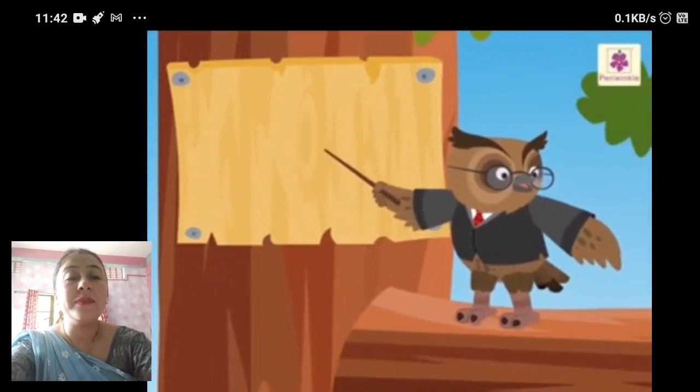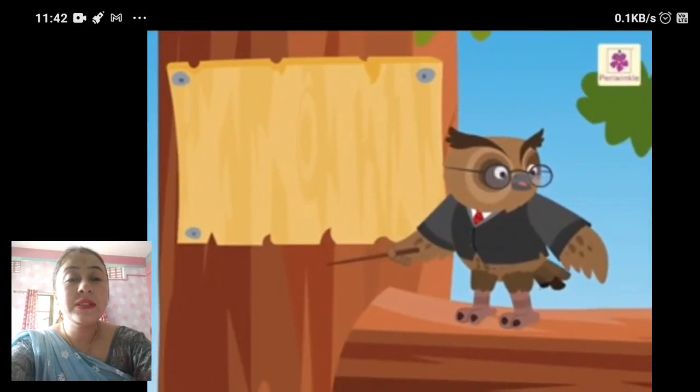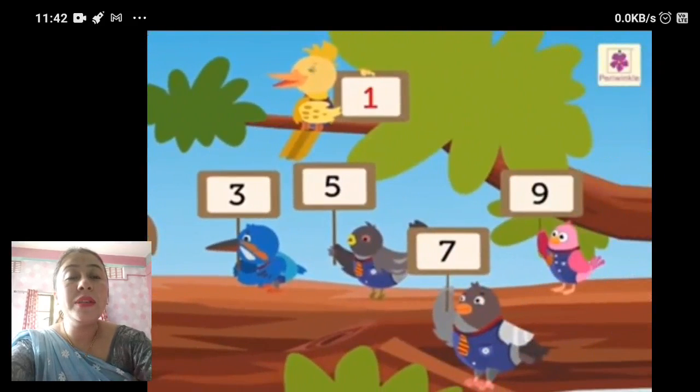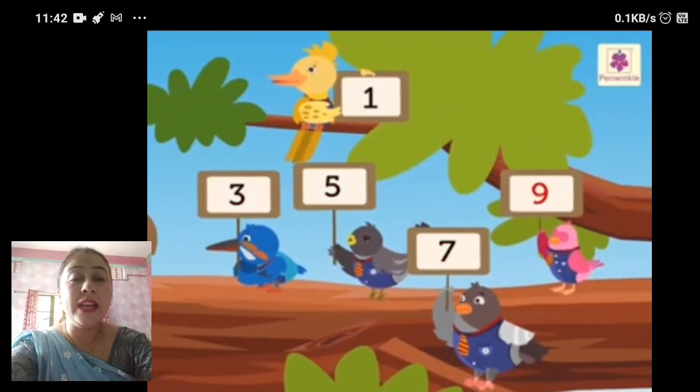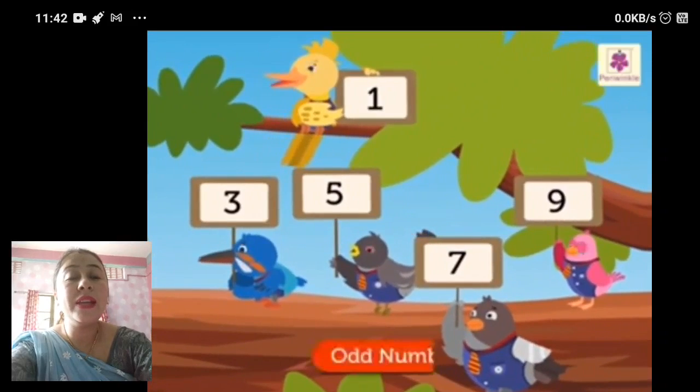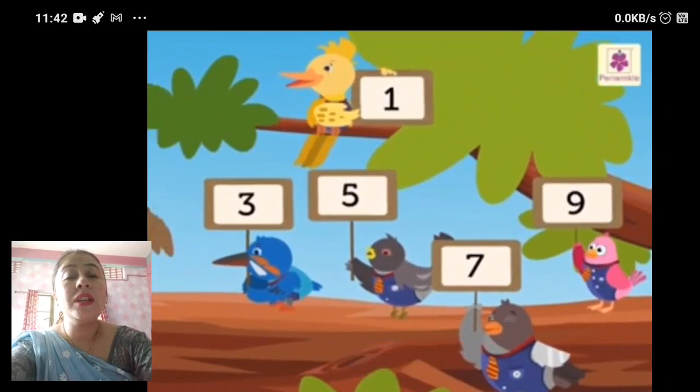Very good. Now let us learn more about even and odd numbers. So you know the odd numbers end with 1, 3, 5, 7 and 9. Yes, the number ends with 1, 3, 5, 7, 9. These are the numbers in the ones position.